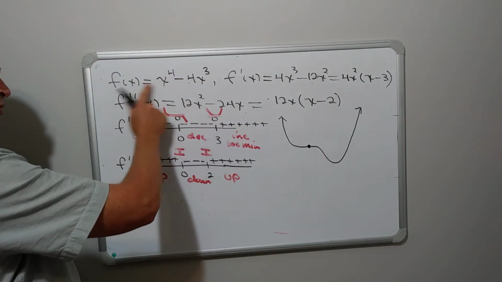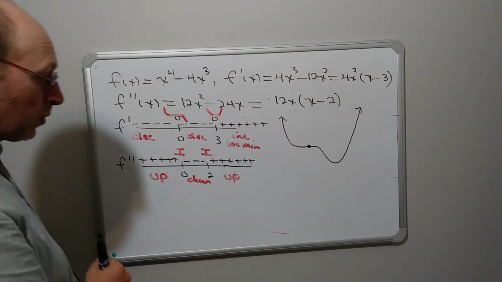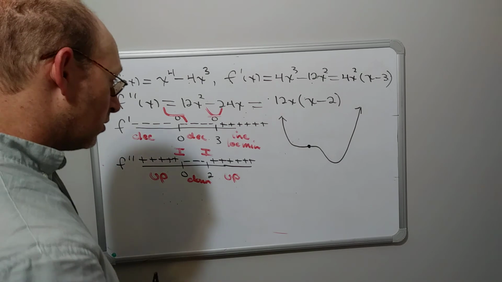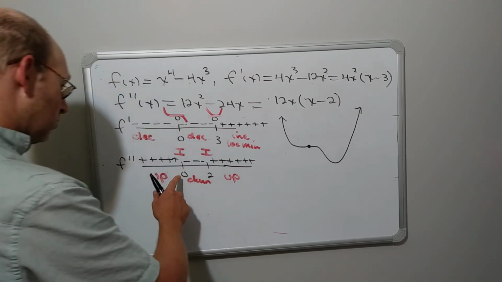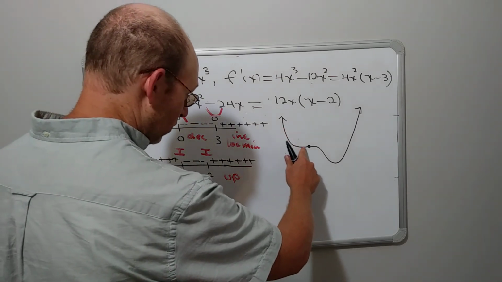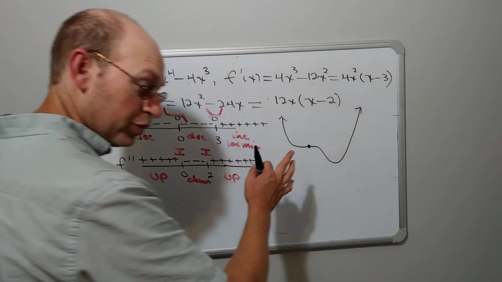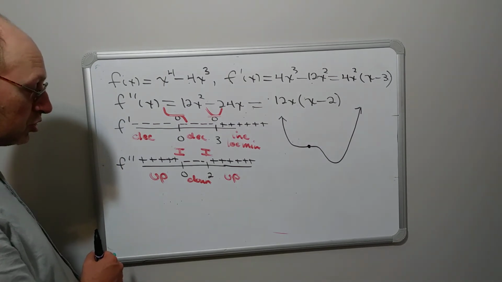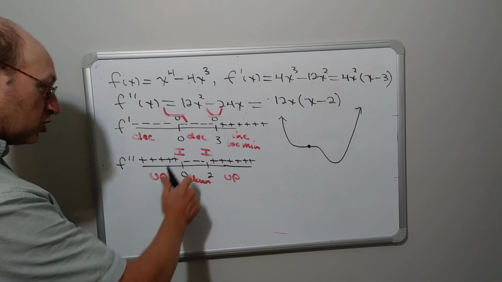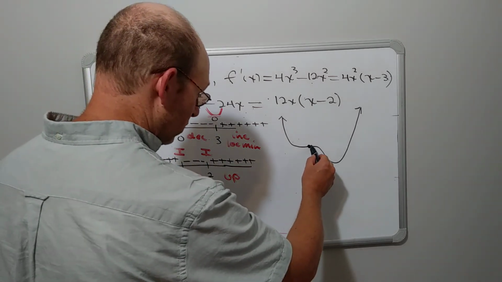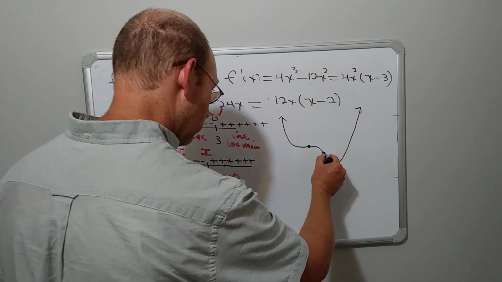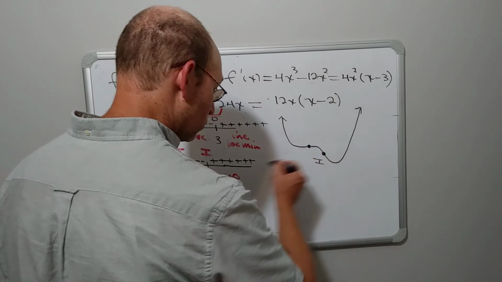If you plug in 0, the y value is 0. Next, we change concavity right here. So see here we're concave up, here we're concave down. It's not a perfect picture, of course, but you can see the point. At 2, we change concavity again. So here we're concave down, here we're concave up. So right over here, you have your point of inflection. I'll just put an I over there.